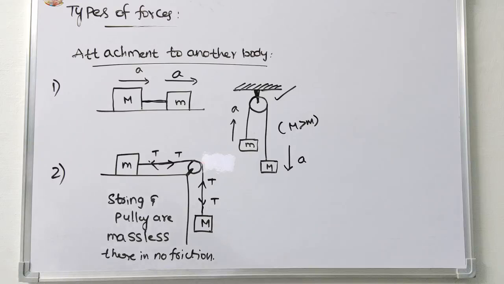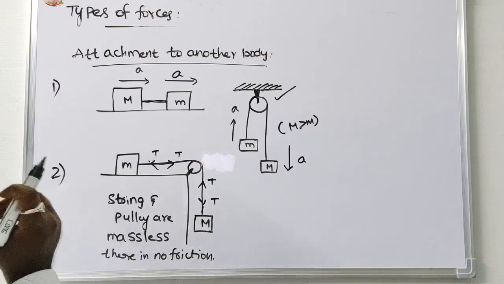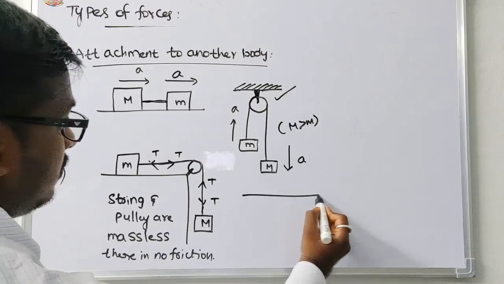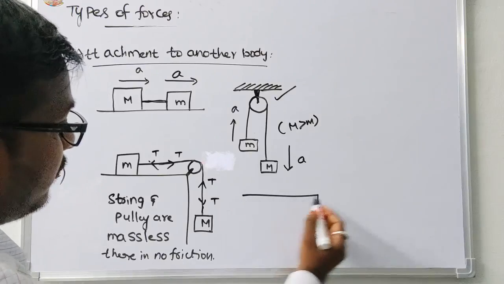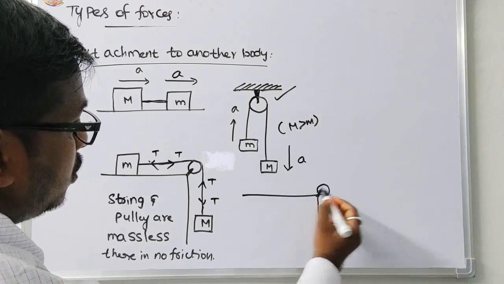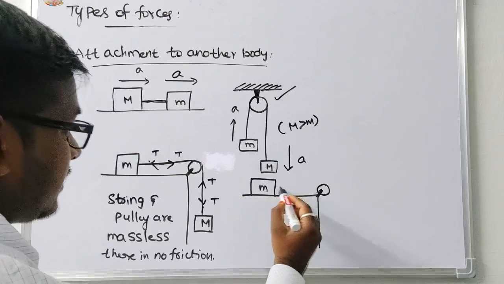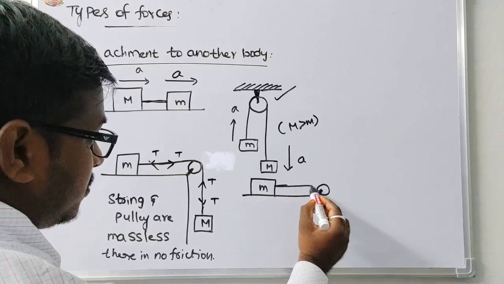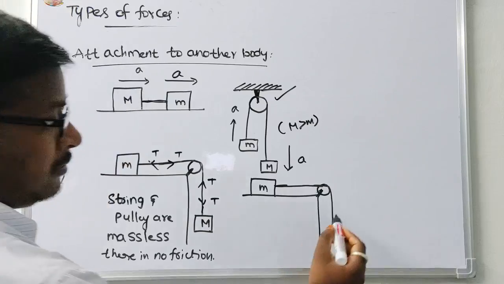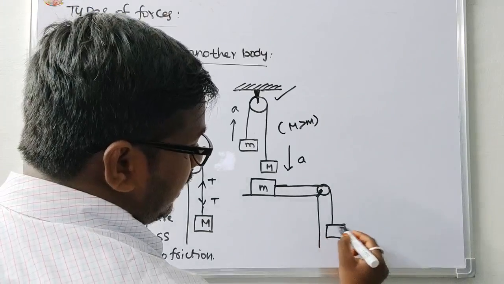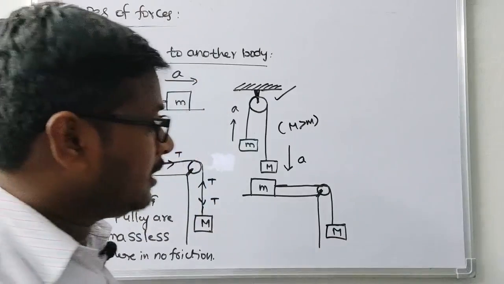In the other condition, the string is massless but the pulley is not massless and frictionless. If the string is massless, two types of tensional force are acting. A block of mass M is connected to a string passed through a pulley, and another block of mass M is hanging down.